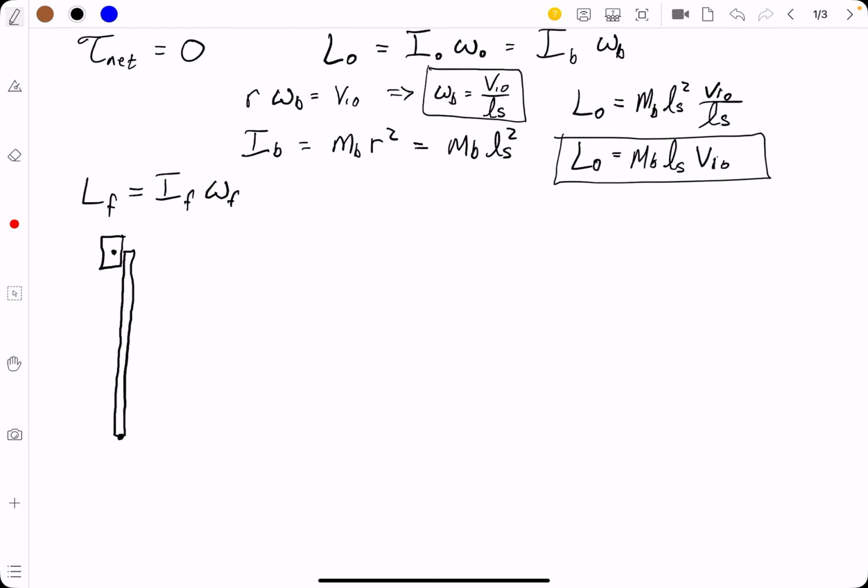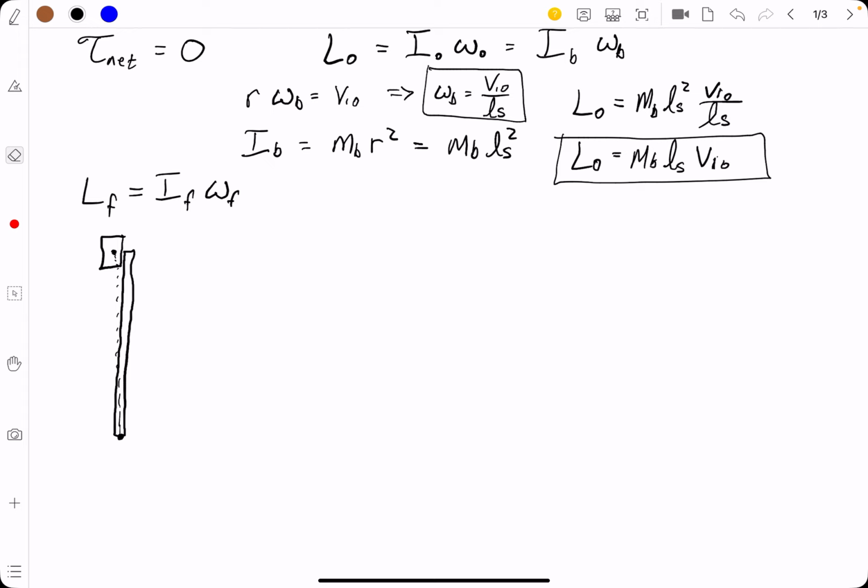Now it's so thin that this distance to the pivot point, L dotted, is the same as L stick, okay? They're essentially the same. So that's why we just did what we did, okay, first of all.